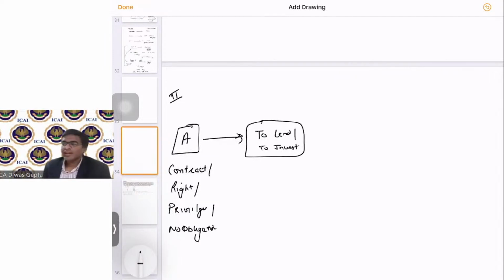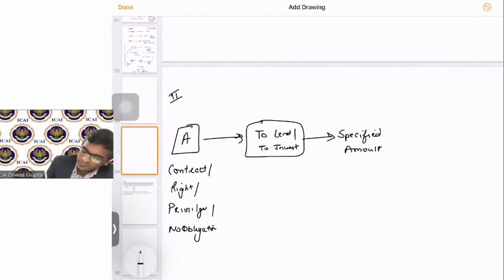That is what is specified in the contract. What needs to be lent or invested? A specified amount. Correct? The amount needs to be specified, how much needs to be lent or invested. Again, at a specified interest rate, because that interest rate would also get specified here.